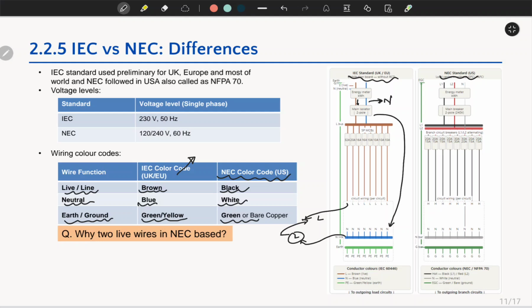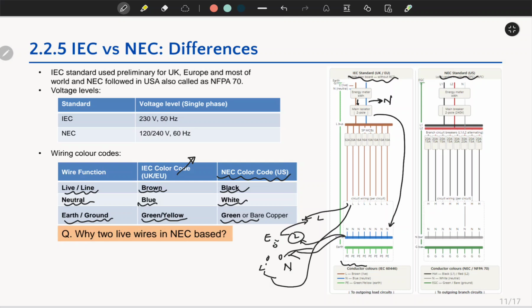In case of some loads, there is a requirement of a 3 pin socket. If this is live, this is neutral, and this is the earth, this live will be connected from this L, this neutral from the neutral link, and this earth from the earthing terminal, the earth link, a new wire connected to this earth.